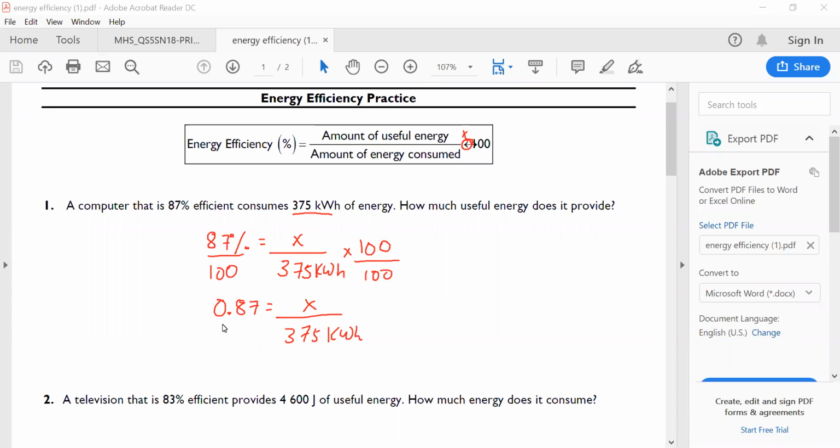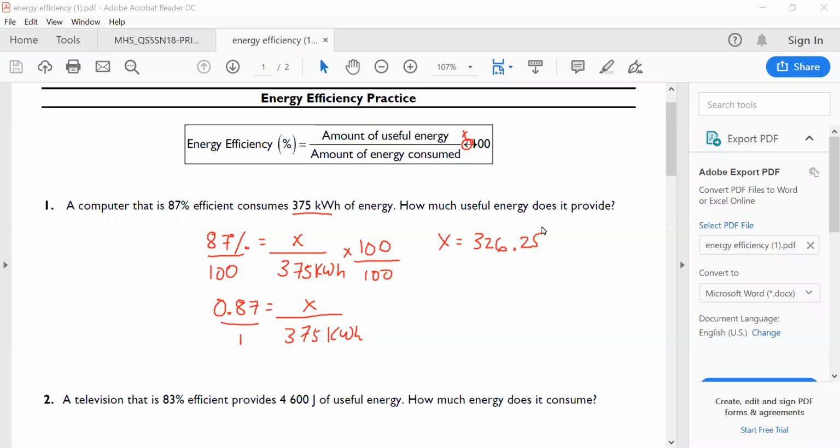And of course, if we wanted to isolate X at this point, we simply just cross multiply and we end up with X as a value of, and let's get this calculated here, 0.87 times 375, which gives me 326.25.